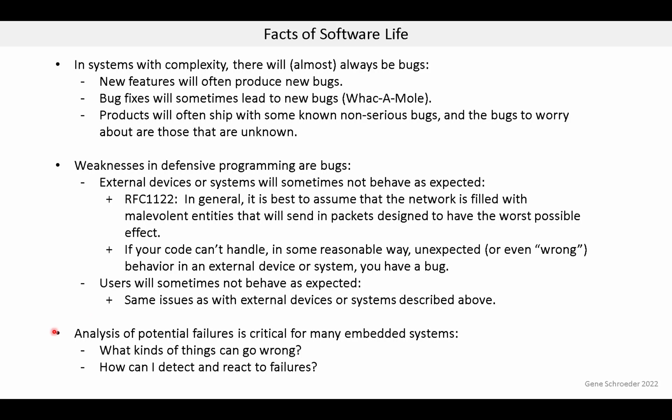And then a final thing is that analysis of potential failures is critical for many embedded systems. And it should always be part of your development, even if the system is not considered safety critical. And you have to think about what kinds of things can go wrong. And your answers to this question, some of it's based on your experience, some of it is just based on looking at the system and thinking it through. And then the follow-up question is, how can I detect and react to these kind of failures?